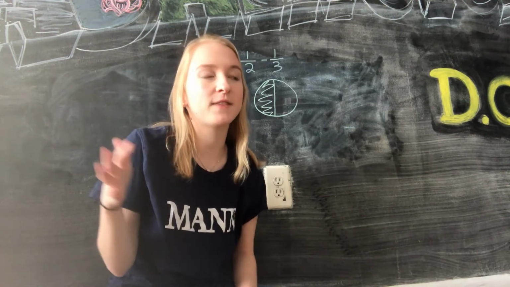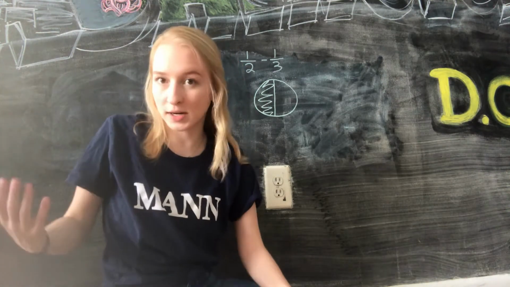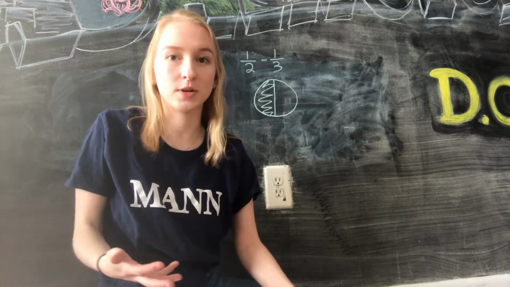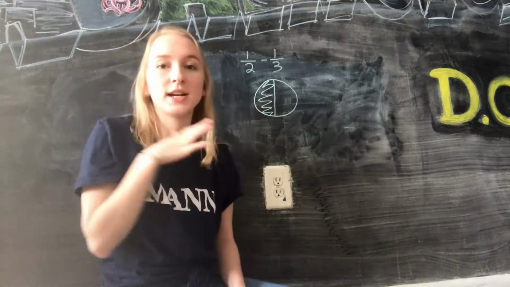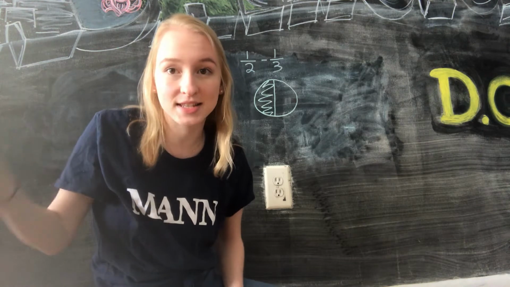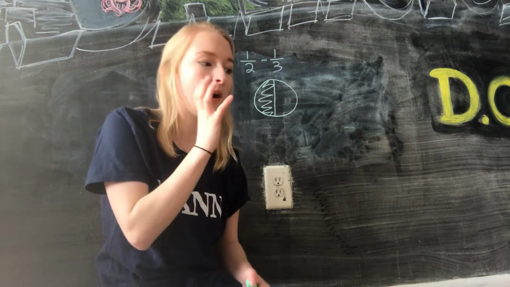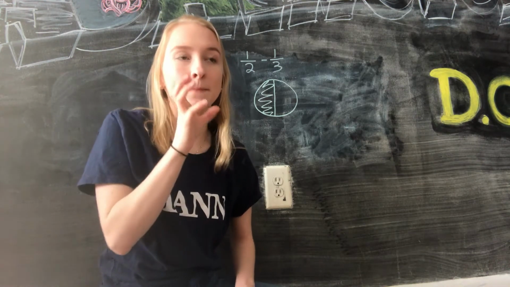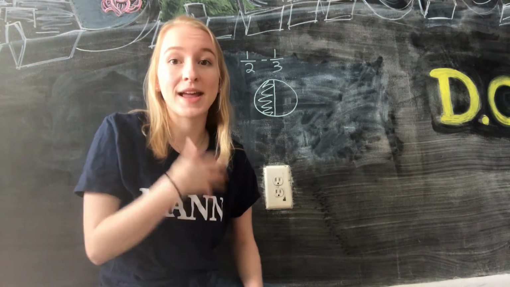Here, we're not trying to find what is 1/3 of 1/2, because that would be a multiplication problem. What we're trying to find is what is 1/3 less than 1/2. So 1/3 of a whole subtracted from 1/2 of a whole.